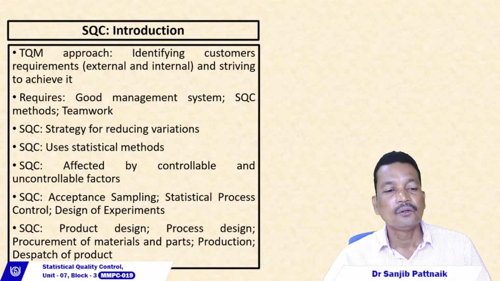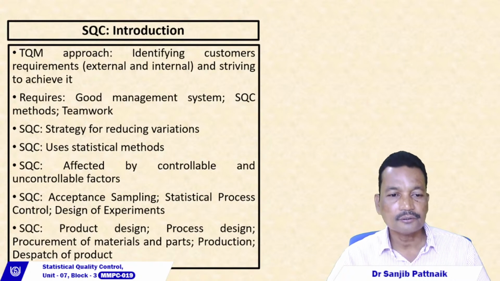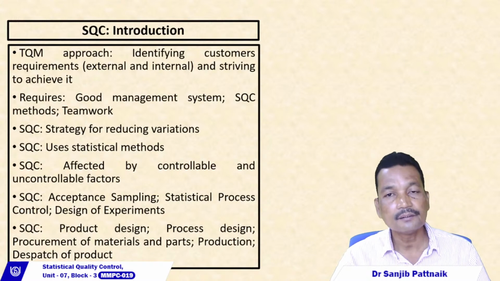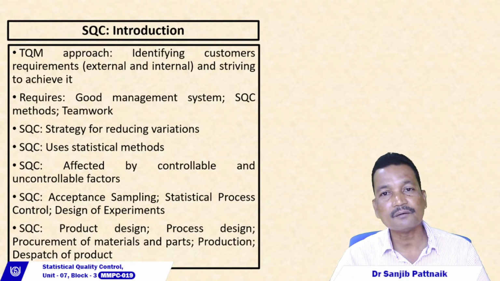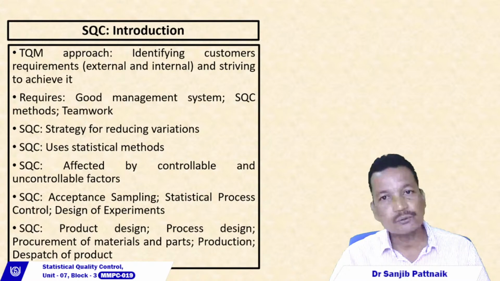Now, where should we apply statistical quality control? Everywhere. Everywhere in the organization, because it falls under the ambit of total quality management. We start with the designing part, the product design.